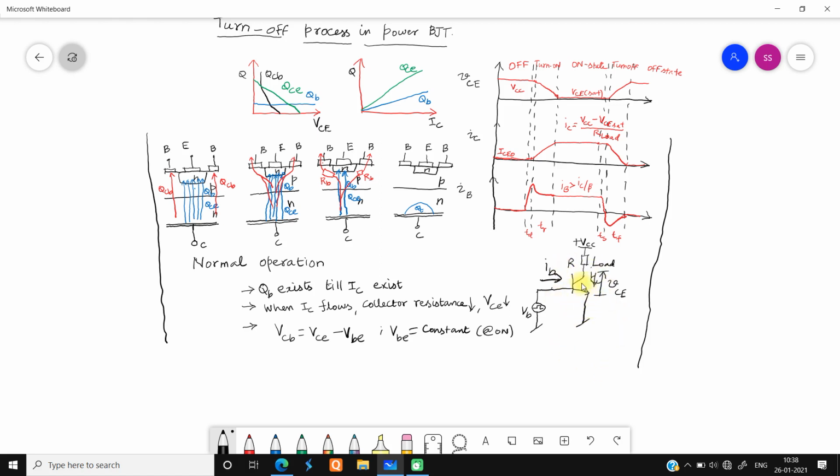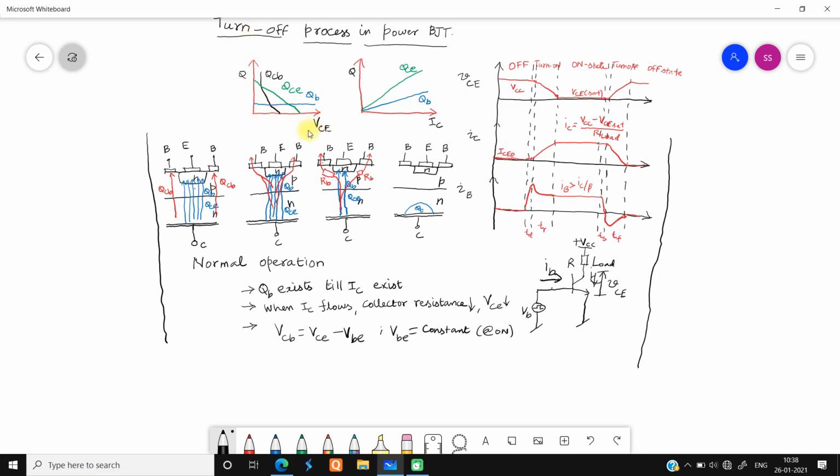Since it is a BJT, we will have charge versus VCE and charge versus IC characteristics, which will be given in the data sheet of the device.